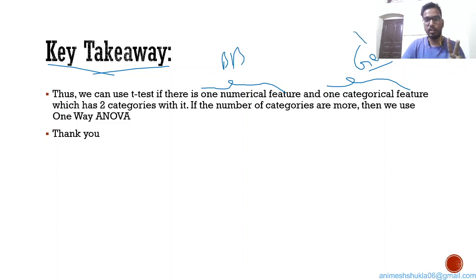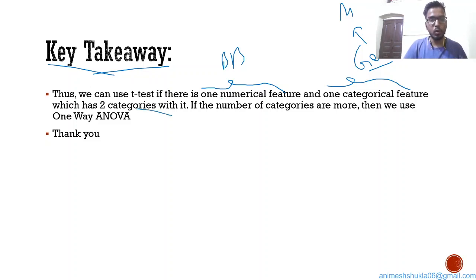In our case, the gender has two categories, which were male and female. In more statistical terms, a numerical feature is one which has the measurement level of ratio or interval scale, whereas a categorical feature is one which has the measurement level of nominal or ordinal scale.